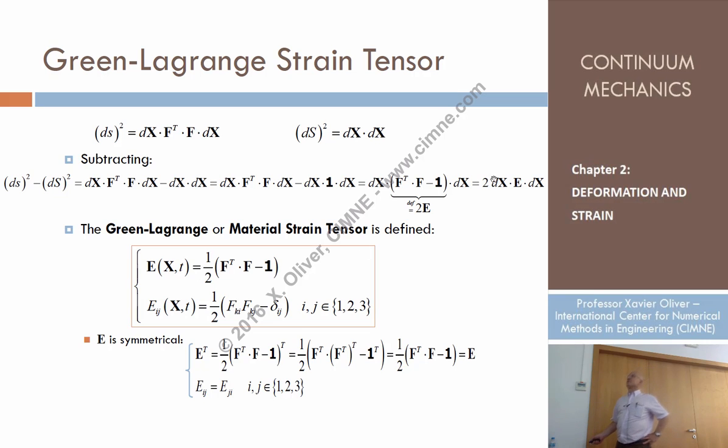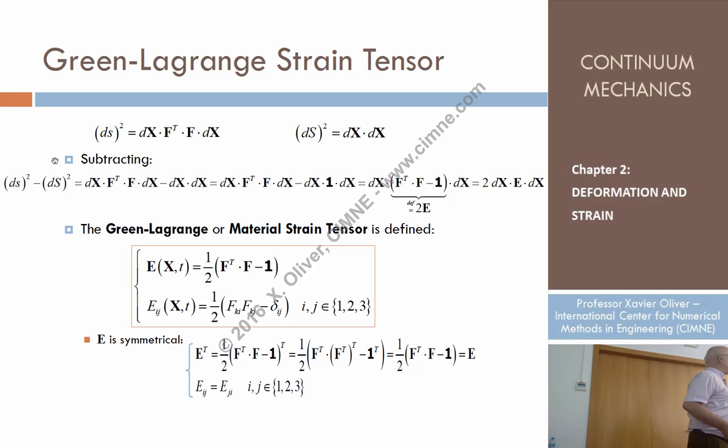And this tensor, the Lagrangian or material strain tensor, has a property. Look, if I multiply that tensor on the left by the relative position of the two vectors before the deformation, and on the right by the relative position of the two vectors, this returns a scalar which informs about the change of distances.